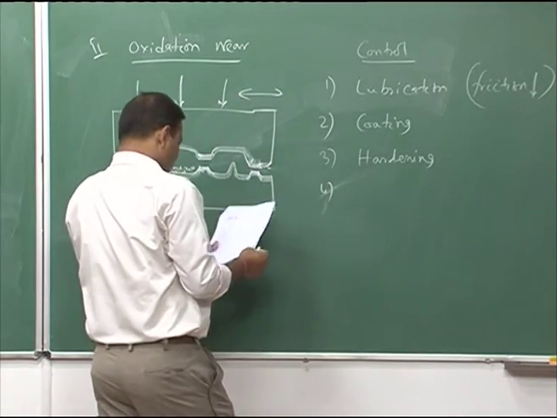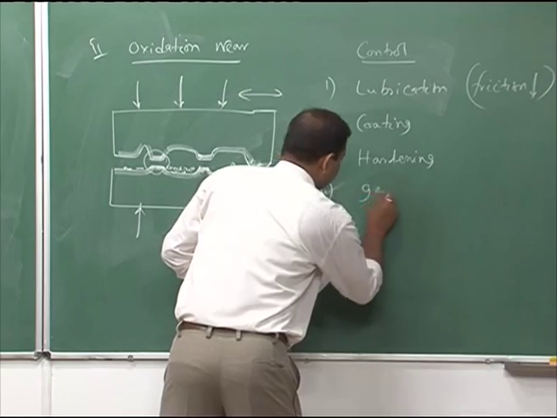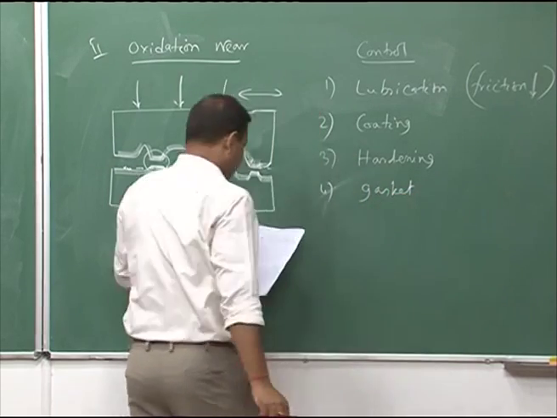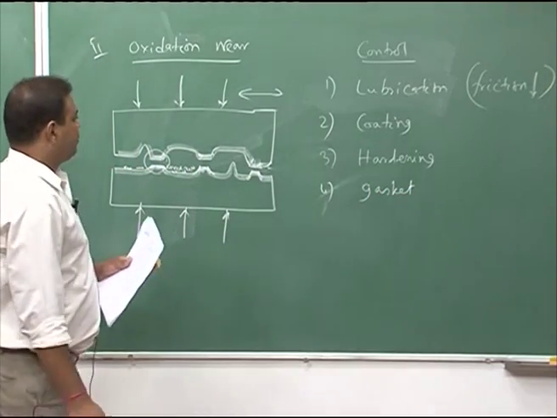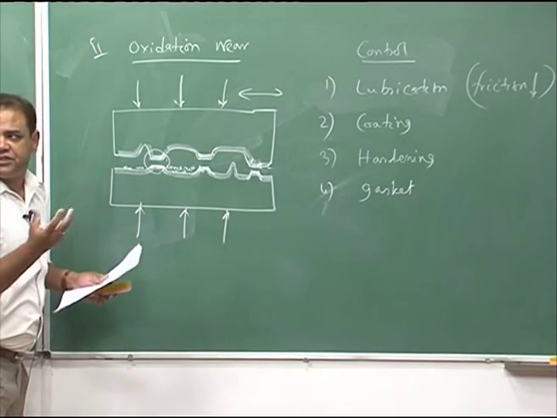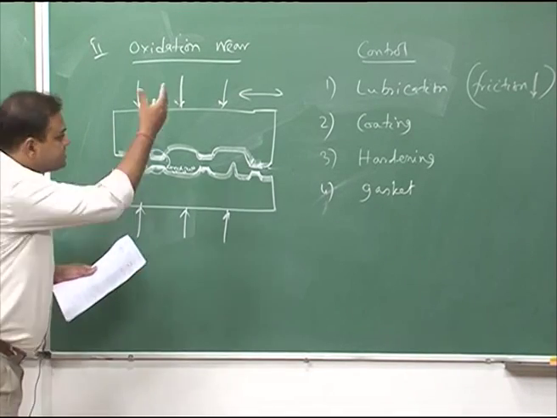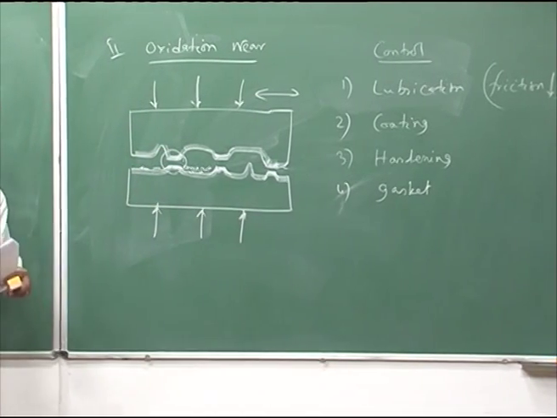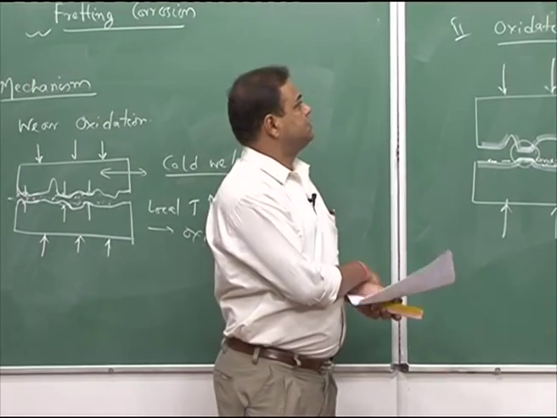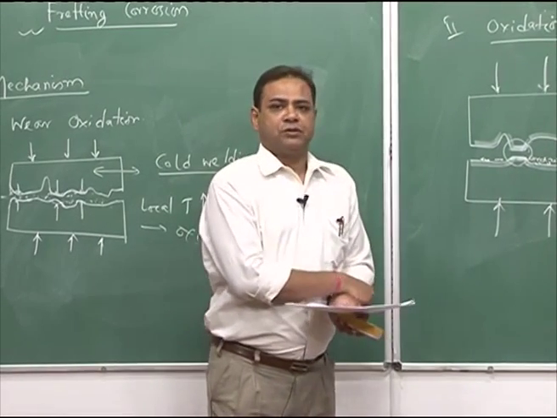We can also go for the introduction of a gasket, which actually absorbs the vibration. So, these are the common methods by which we can protect against fretting corrosion.